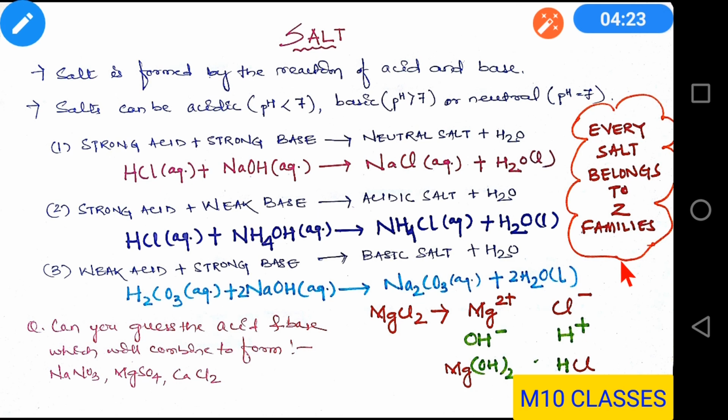For example, sodium chloride, Na+ and Cl-. Na+ is sodium, so it will belong to the sodium family. Cl- means it will also belong to the chloride family. If I consider the sodium family, you can get sodium chloride, sodium sulfate, sodium nitrate, sodium carbonate, etc. For the chloride family, you can get many salts like sodium chloride, magnesium chloride, potassium chloride, and many more.